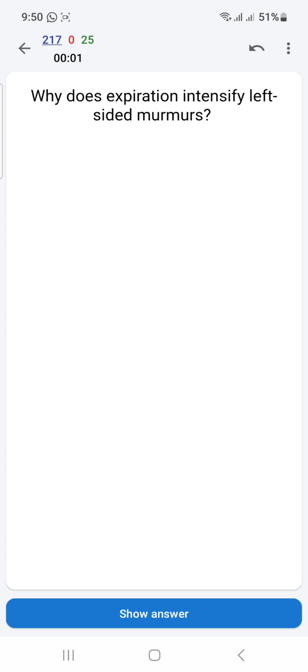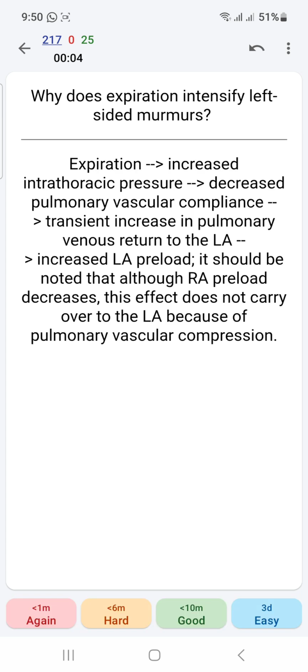Why does expiration intensify left-sided murmurs? Expiration increases intrathoracic pressure, which decreases pulmonary vascular compliance.